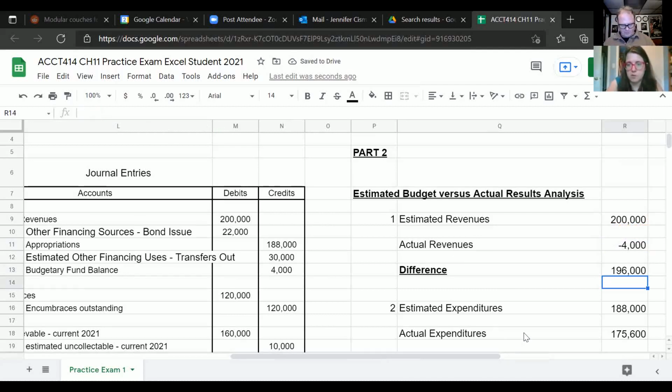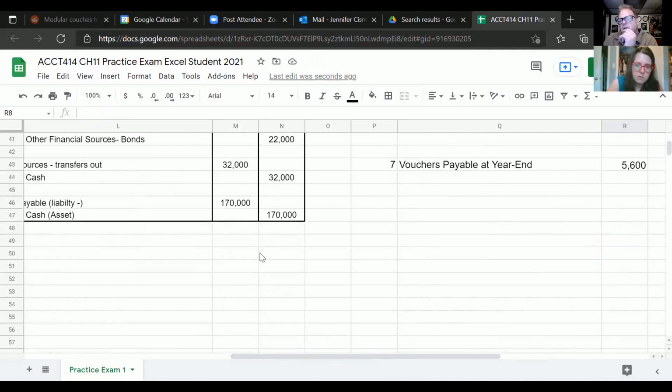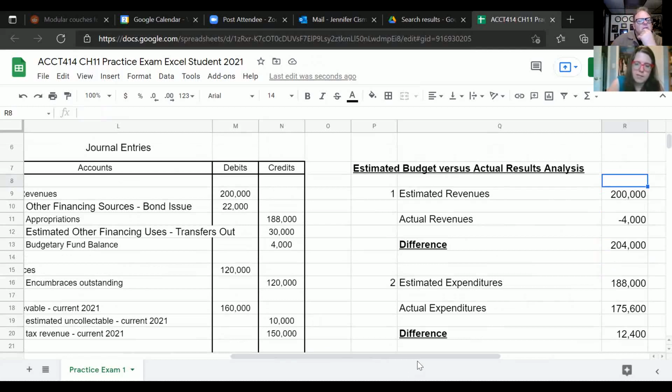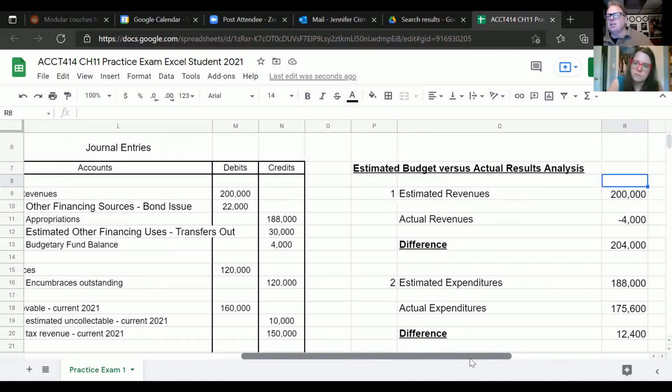So the difference is, wait, that doesn't make sense, right? The difference was 196,000. No. The actual revenues is not -4. That'll be the 204. The actual revenues would be the 204, which would be the estimated revenues plus the budgetary fund balance.